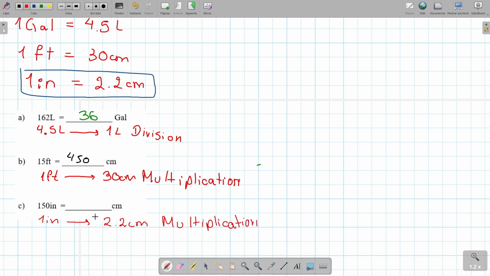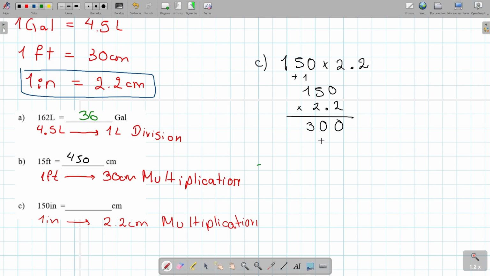So we have to do the multiplication of 150 times 2.2. Let's pay attention because now we have a decimal number that we will multiply, right? So we have 150 times 2.2. Let's try to do it first like there is no decimal place. 2 times 0 is just 0. 2 times 5 is 10, we have 1. 2 times 1, 2 plus 1 is going to be 3.